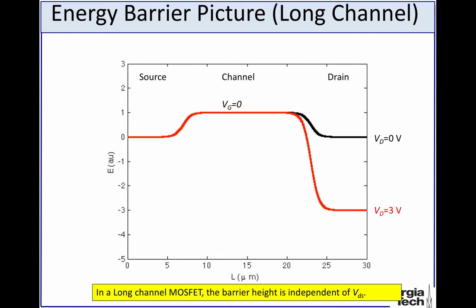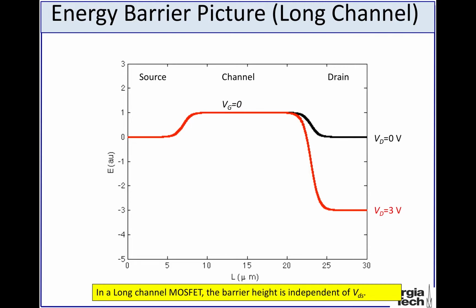What we are plotting here is essentially the same as what we have plotted before, but we are just plotting the conduction band energy as a function of position along the channel. On the left we have the source, on the right we have the drain, just like the previous case.